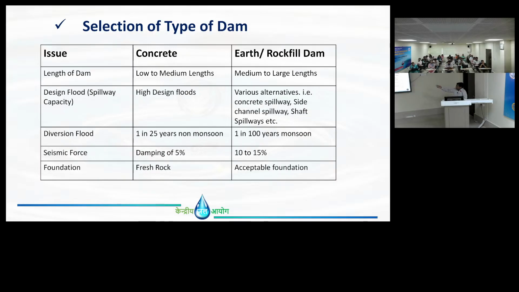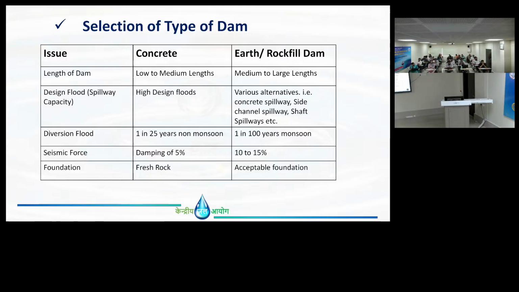In an earth dam, what happens? We cannot keep so much. Like I'll show here. If the river valley is this much portion only, and let's say this complete length is 400 meters, if the spillway is coming around 200 meters, what will be the remaining length? 200, right?